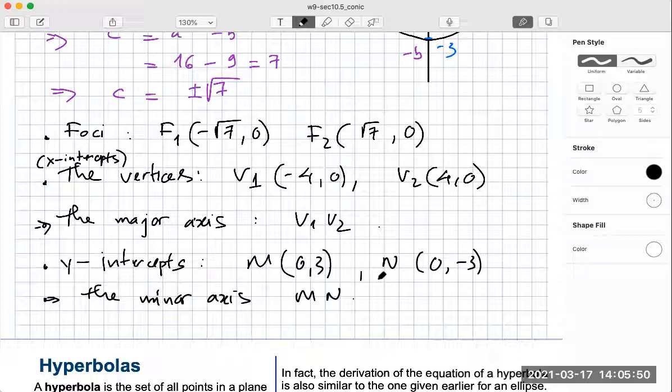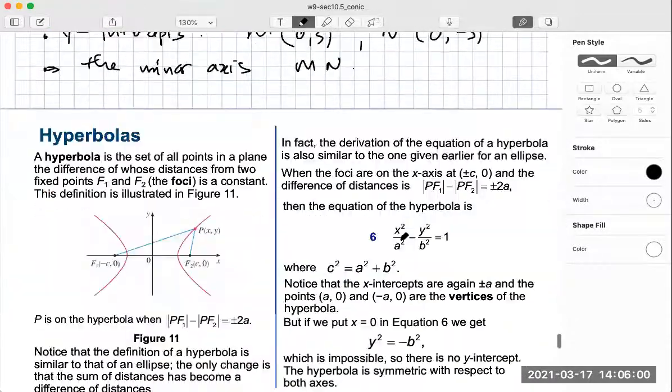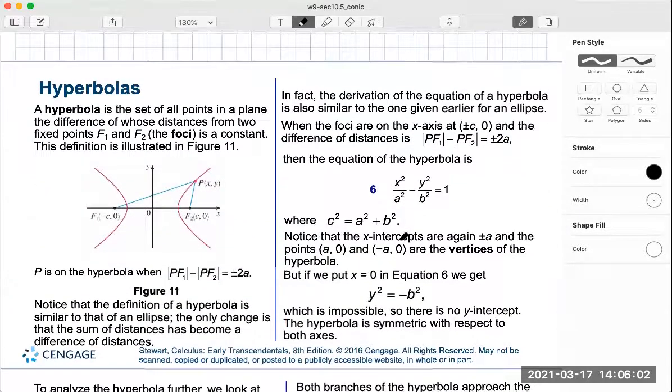That's it. Is it clear? Okay. That is ellipse.